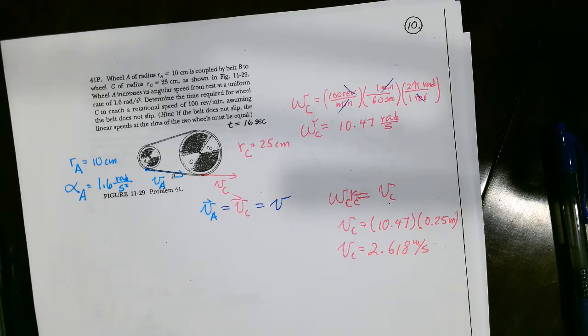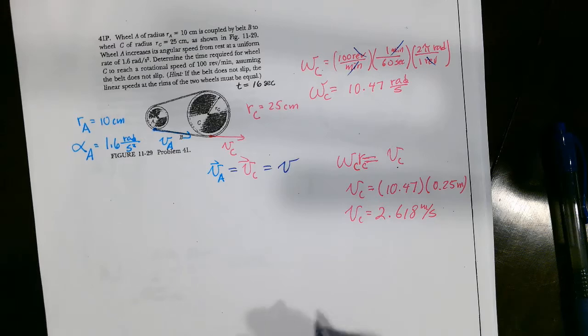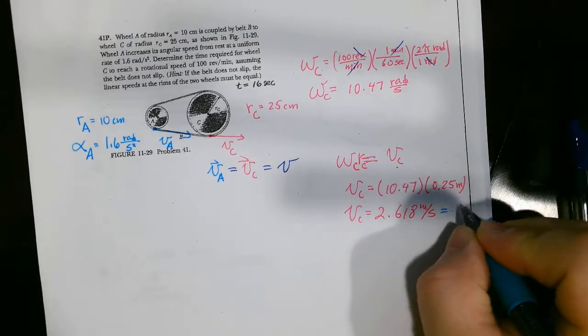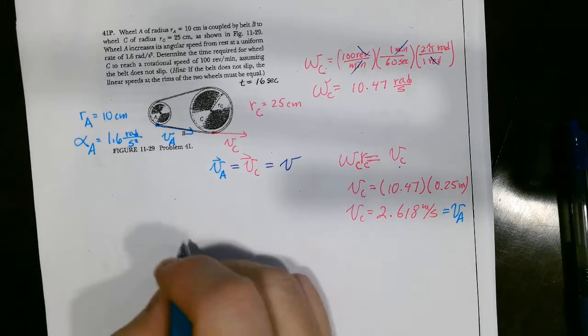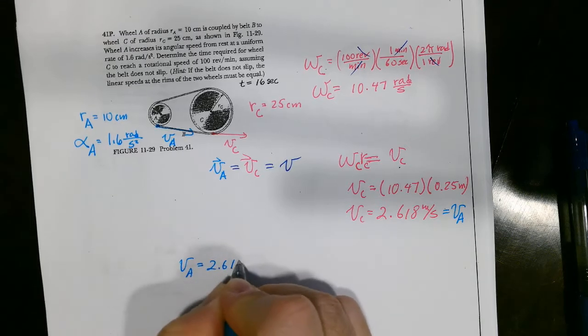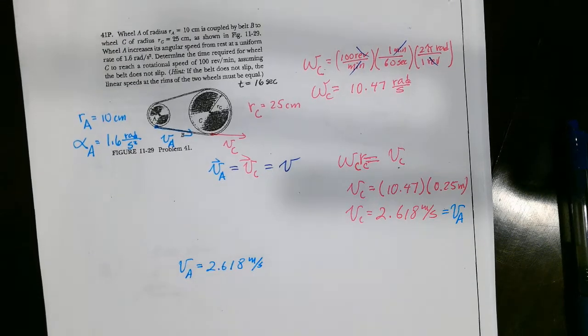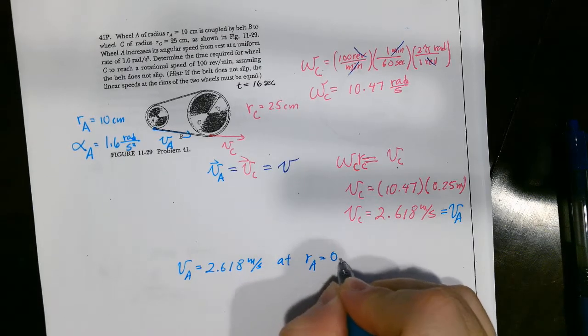All right? That means V at A is also the same value. That means my VA is 2.618 meters per second as well, at RA equal to 0.1 meters.